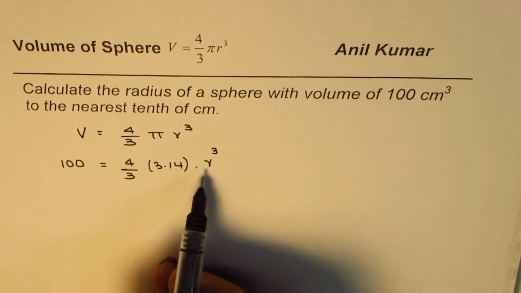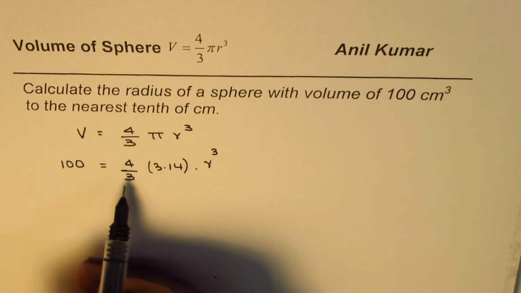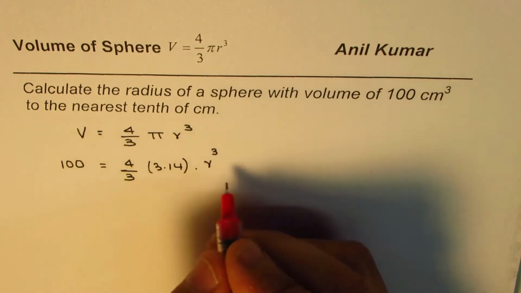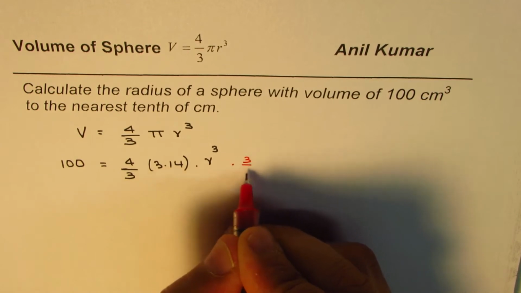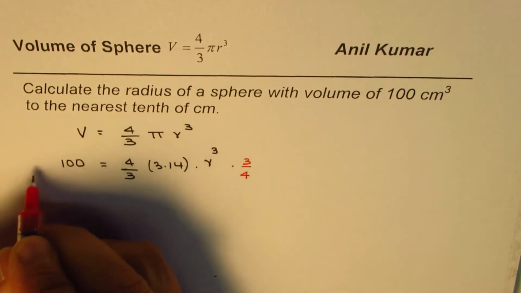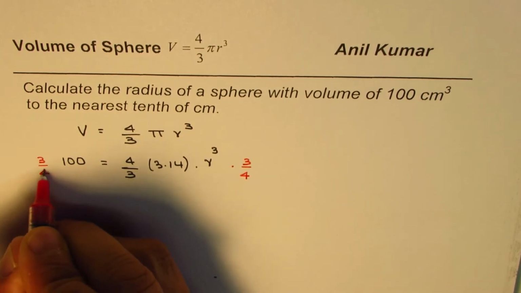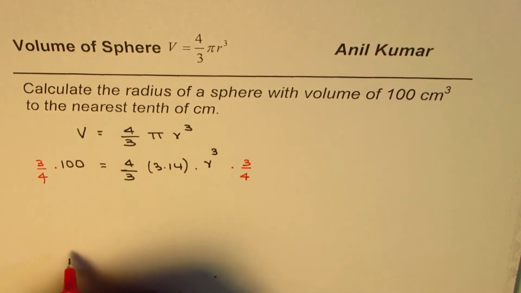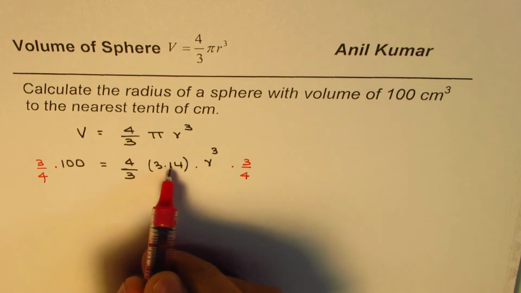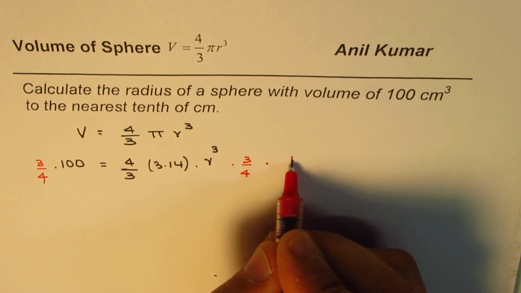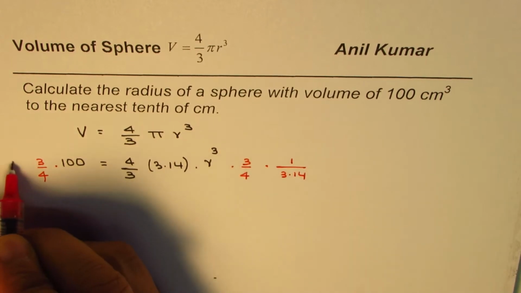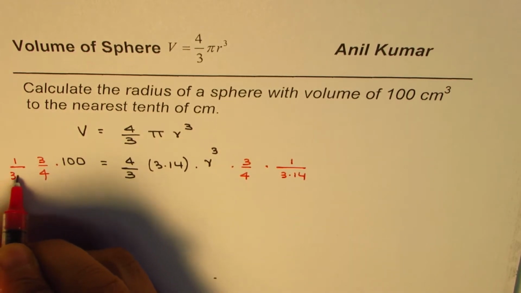To find that we have to do reverse calculations. So to get rid of 4 by 3 we will multiply both sides by 3 by 4, right? To get rid of 3.14, we'll multiply by 1 over 3.14.